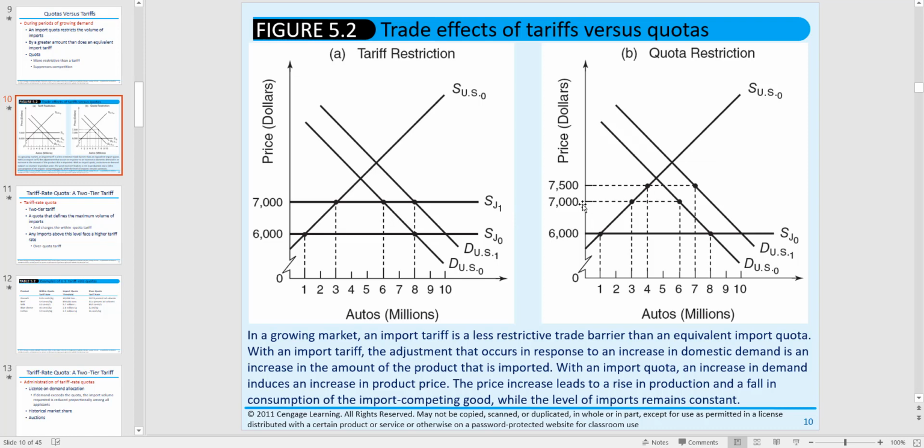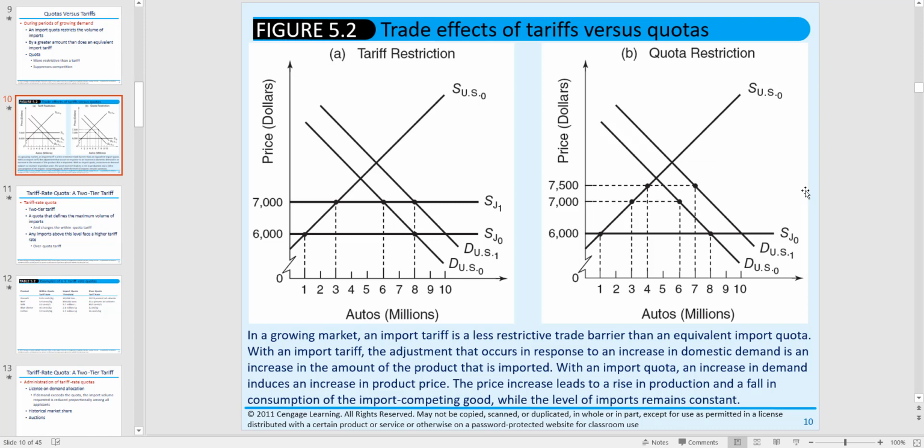It won't stay at 7,000. So the more the demand, the higher the price will be. We say it's more restrictive in the sense that for the consumers there would be no price change in the case of the tariff, whereas in the case of the quota there will be. So that's the illustration of how quotas are more constraining than tariffs.